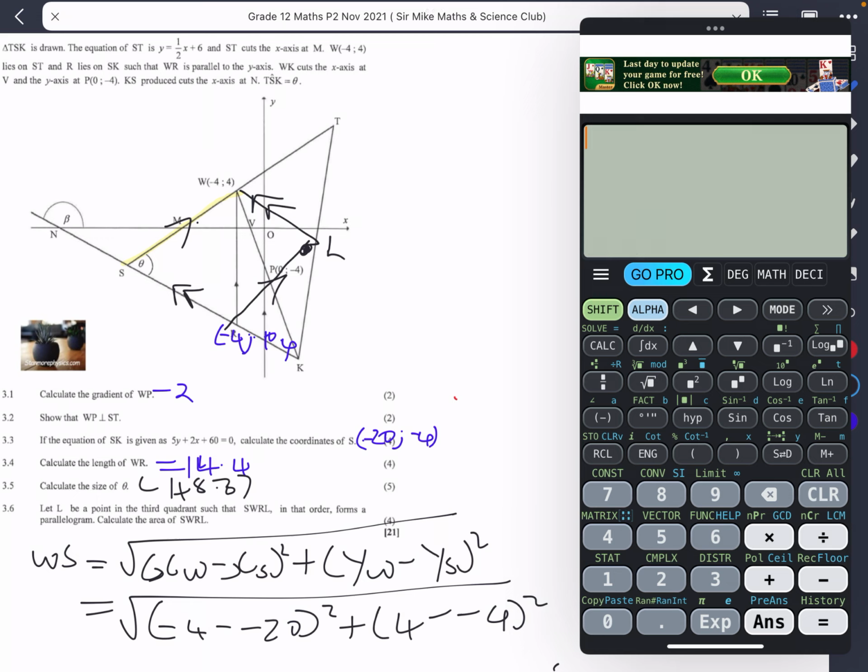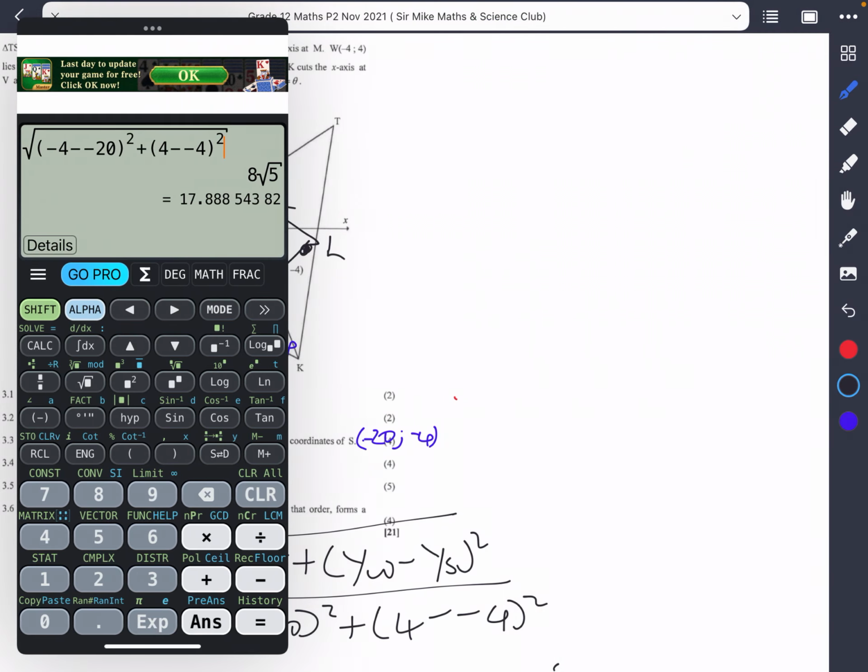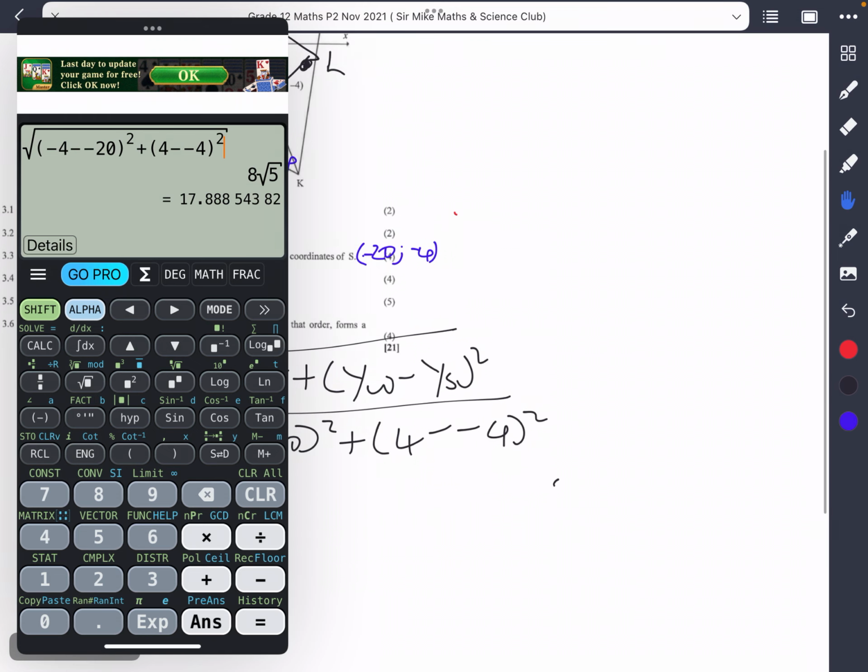So what we have there would be the square root of, we say we have -4 minus 20, we square that, plus we have 4 minus 4, we square that. So what we have in this case is a surd. I'm just gonna leave it in that surd form. Let me just take it to the other side again so that I can scroll down.